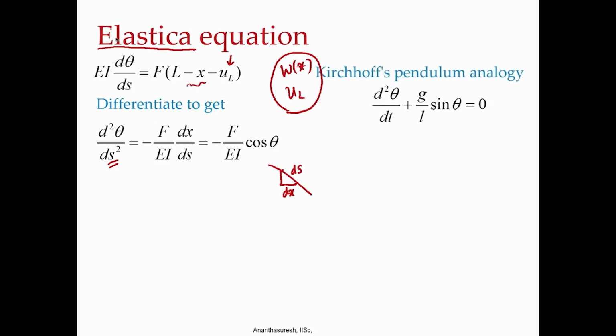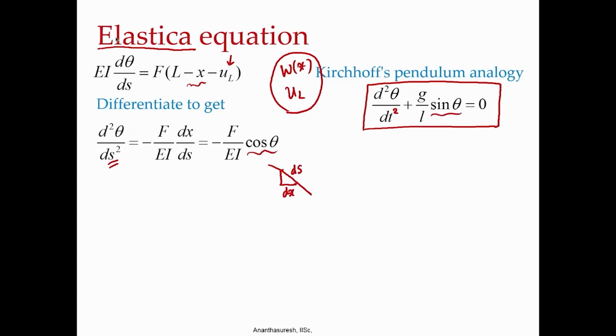Okay. And then we do now see the analogy with the large displacement oscillations of a pendulum. This is Kirchhoff's pendulum analogy and the equation that we got. So, we have the second derivative d square theta by ds square, here d square theta by dt square, that square I forgot.